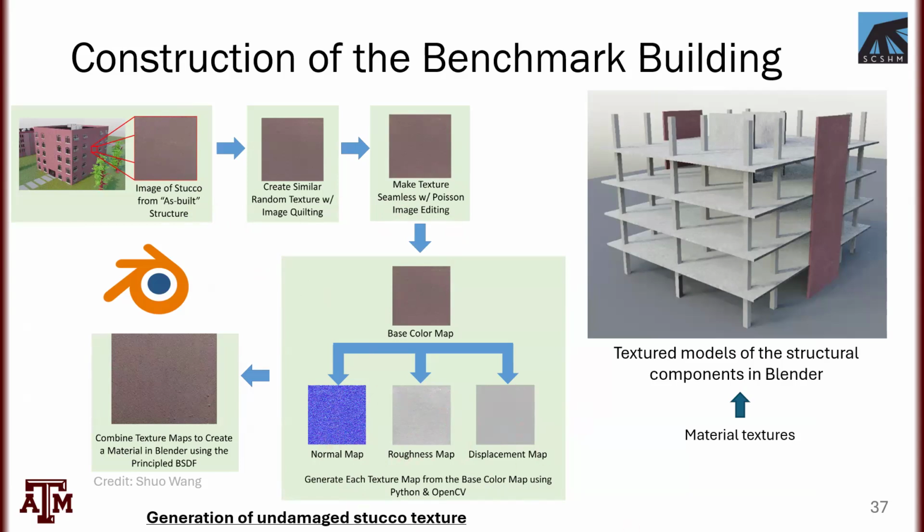Basically, these are features that describe how light interferes with a surface and make colors and textures very photorealistic. And this is the final product that was generated. And you can kind of see this coloring is being applied to these shear walls on the side of the digital twin model.